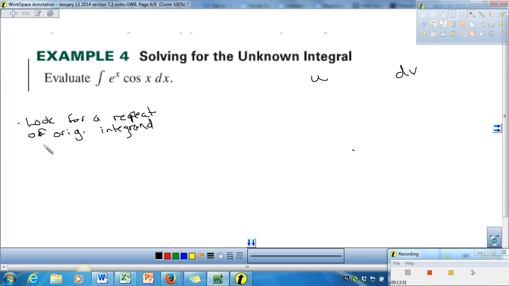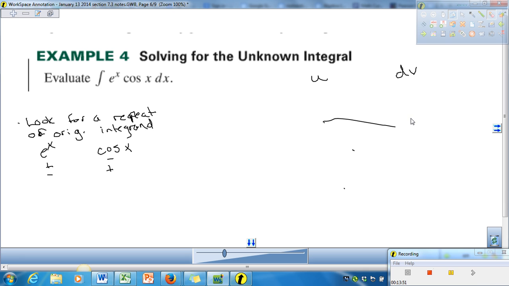We're looking for a line that has e to the x and cosine x, and it does not matter if this one is positive and this one is negative, or this one is negative and this one is positive. It makes no difference. We just want to see that repeat of e to the x cosine x. So on this one, your u and dv, it does not matter which one you choose, because neither one of them gets simpler.